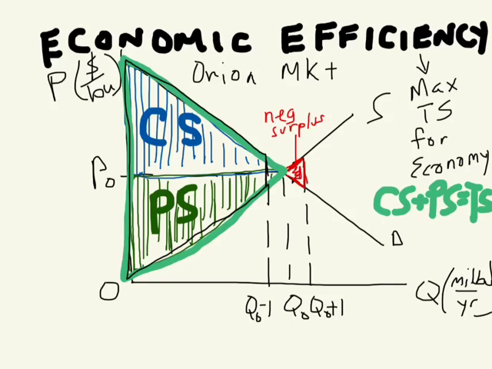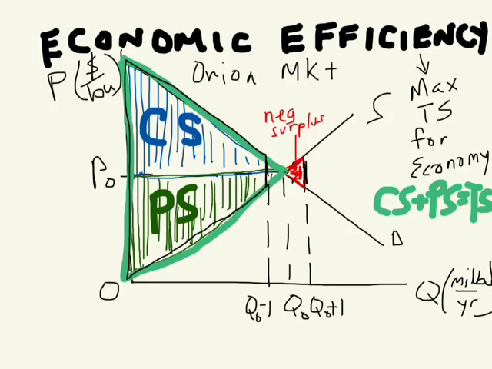So we're losing well-being. So again, any output beyond the competitive market outcome is going to be less efficient in the sense that total surplus is going to be smaller. So the competitive market outcome is economically efficient in this sense. We are making a couple of hidden assumptions. Critically, we're assuming that externalities are zero. We'll talk about that in a couple of weeks.